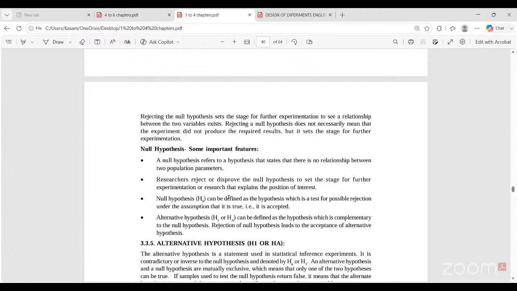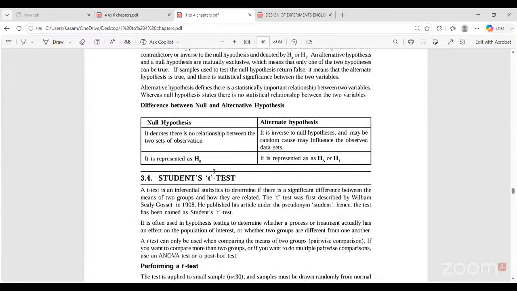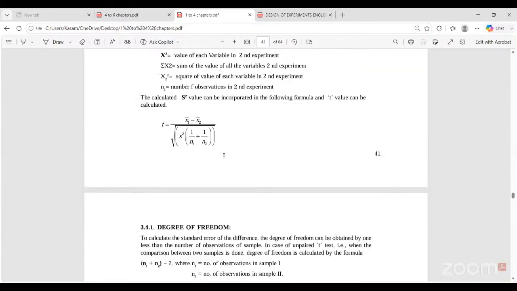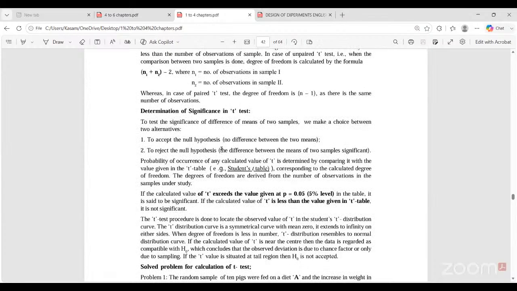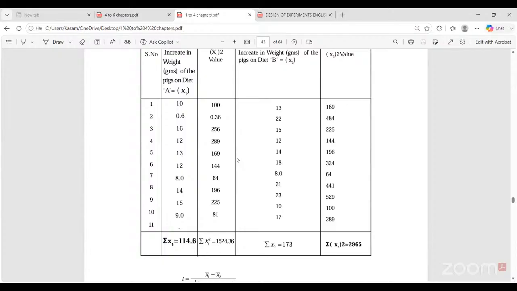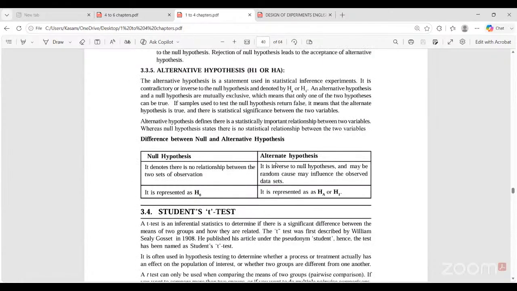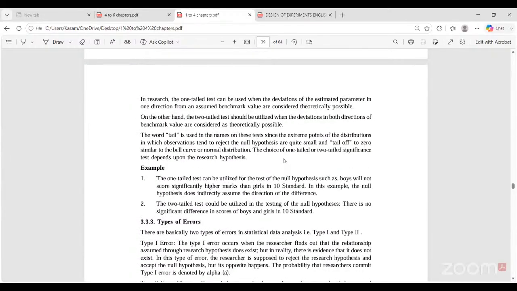No example is given in your syllabus, only the theoretical part. In your MSc botany they did not give problems. I will explain this, how it will become, then you have to ask me.